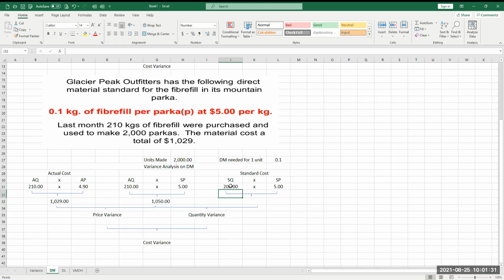Since I have those numbers, can I calculate the standard cost? That will equal 200 times $5. So, can I calculate my quantity variance now? How much will be the quantity variance?